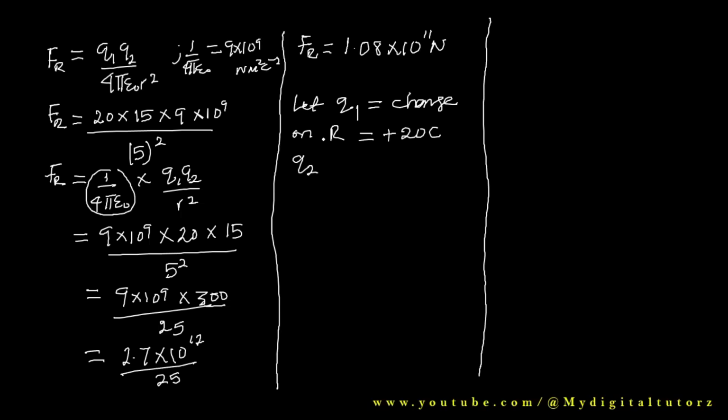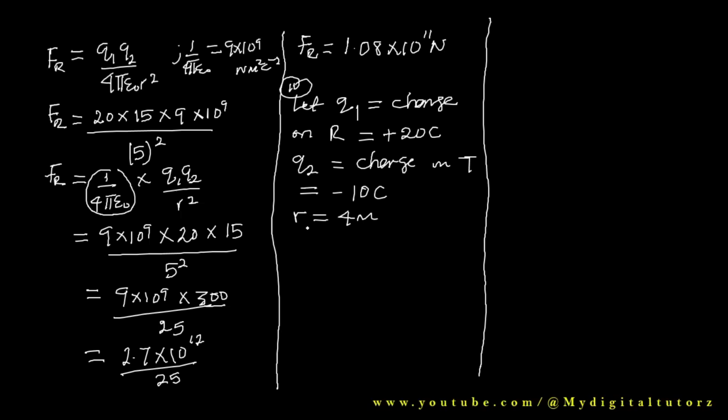And let Q2 be equal to the charge on T, which is equal to minus 10 Coulomb. Then the distance between them, R, is said to be 4 meters.